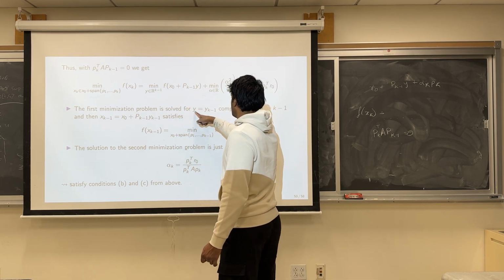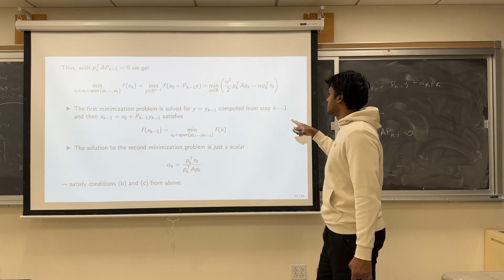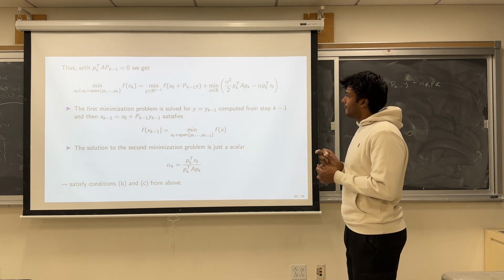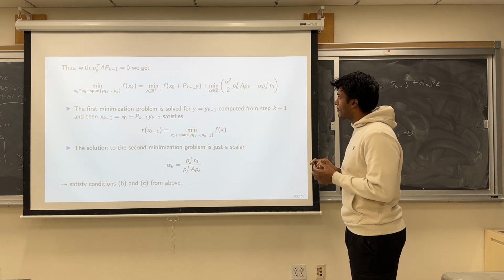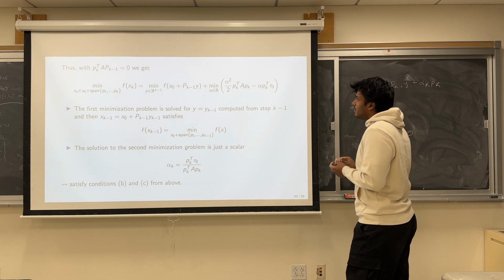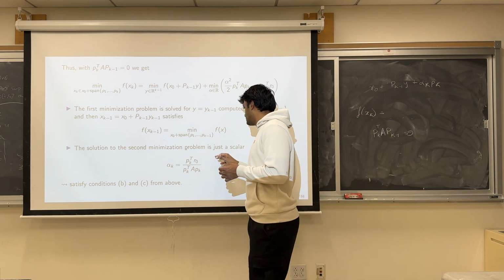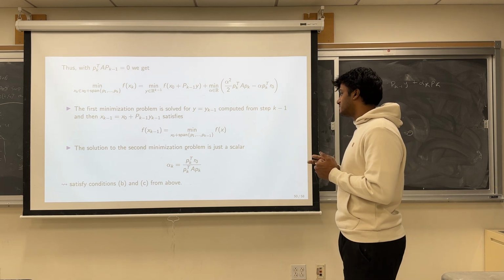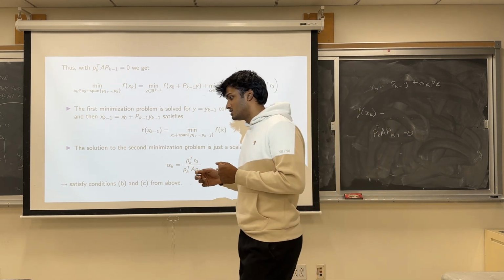The first minimization is solved for y equals yk minus 1, computed from step k minus 1. And the minimization of the second is just this scalar, so we computed this already. These satisfy conditions B and C from above. What were conditions B and C?